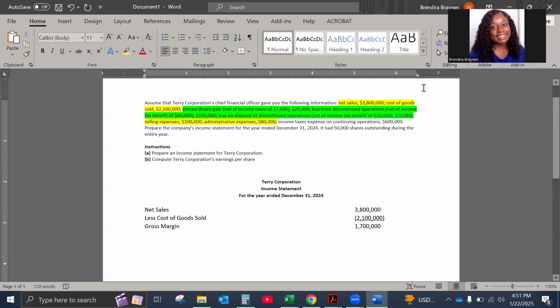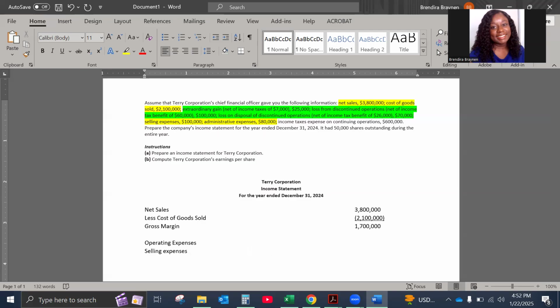And so from this point on, do we have any other information? Yes, they say we have selling and administrative expenses, which are normally our operating expenses. So I'm going to put operating expenses, and we normally put them in order, our expenses from greatest to least. So selling expenses is going first.